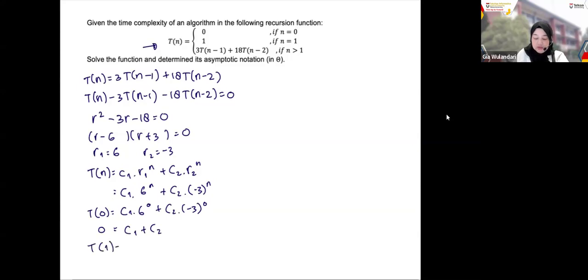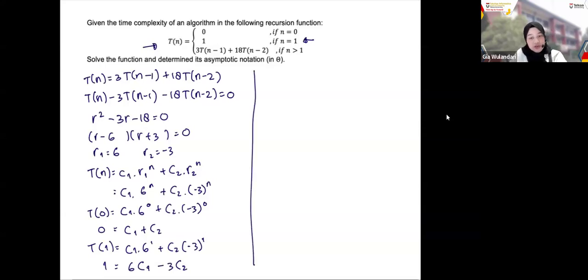And T1 from the information we have is equal to 1, so it becomes 6C1 minus 3C2. Using elimination and substitution or any method you like, we have C1 plus C2 equal to 0 and 6C1 minus 3C2 is equal to 1.